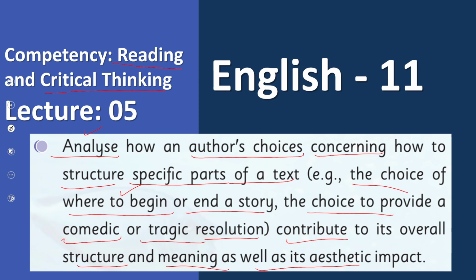Another thing is how the story is going to end. Is it going to end on a comic relief, a comedy ending where everything is satisfied, people are happy, or is it going to be a tragic ending or resolution? This depends upon the writer of the story.